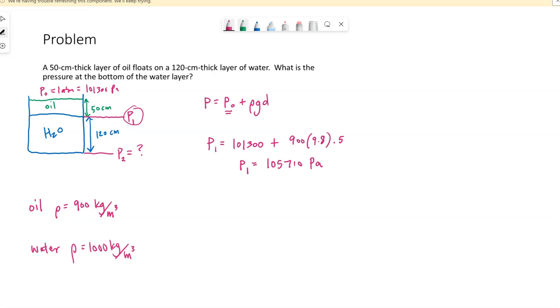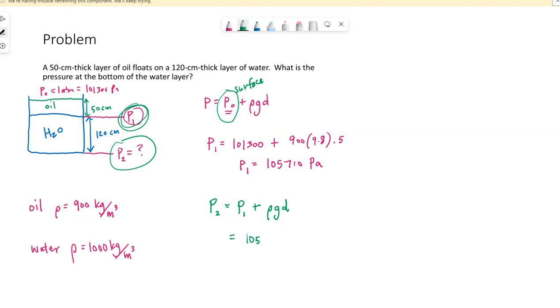To continue and find the pressure at the bottom of the water, so P2 is what I'm calling that. In our equation, P naught is the pressure at the surface. So for the water, the pressure at the water surface is P1. So instead of atmospheric pressure, I need to put P1, because that's the pressure at the top surface of the water.